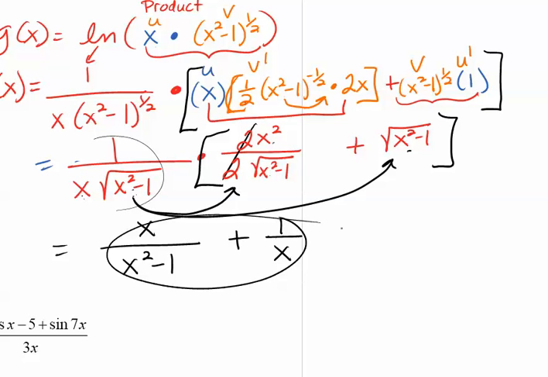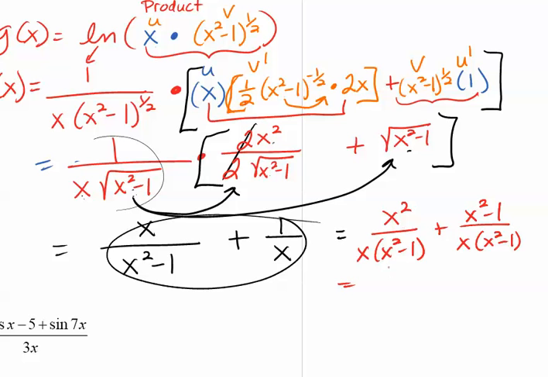If you want to proceed to get a common denominator, we would multiply the first fraction up and down by x, and we would multiply the second fraction top and bottom by x squared minus 1. So now we have a common denominator. So if we add these together, we've got 2x squared minus 1 over x times the quantity x squared minus 1.